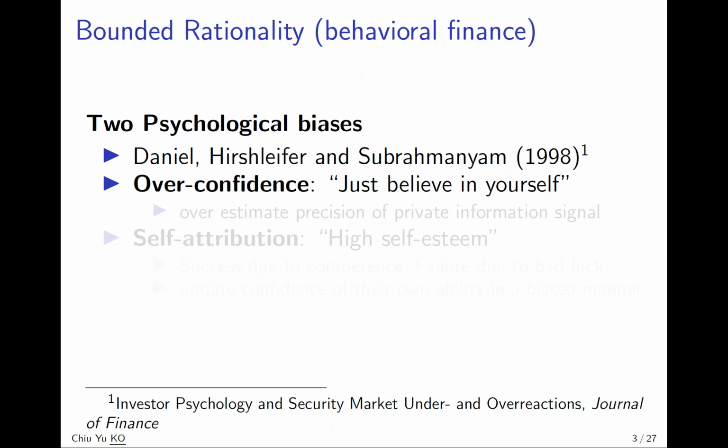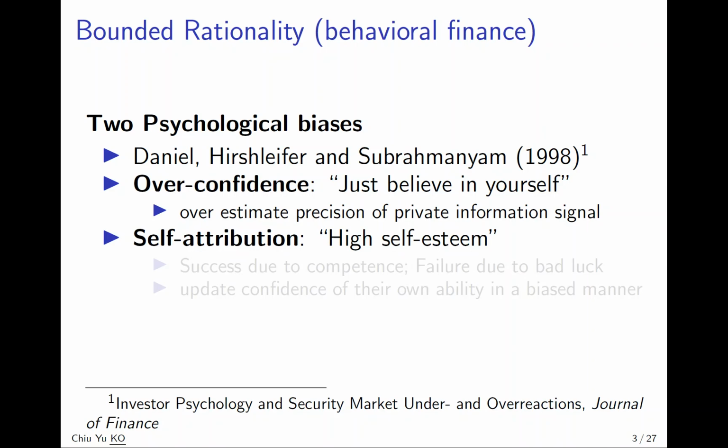So basically in the model, how we model it is to overestimate the precision of private information. Some trader receives some private information about the value of a stock, but he overestimates its precision. That means that he underestimates the underlying variance of this signal.